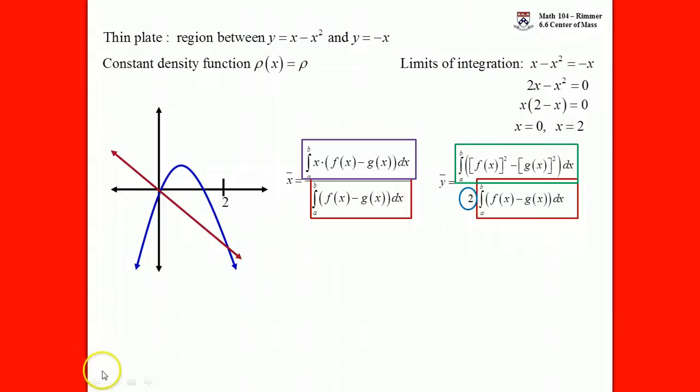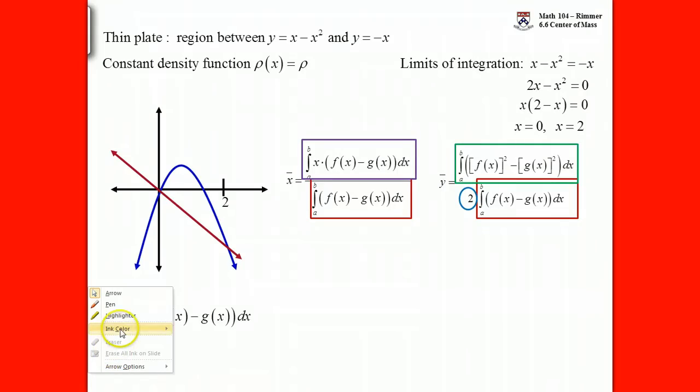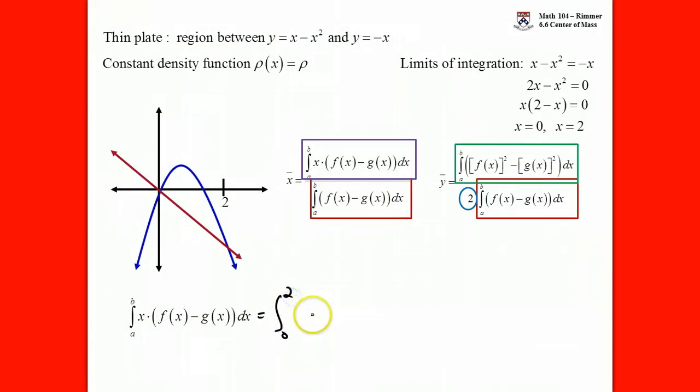So first up, let's go with the purple: x times the quantity f of x minus g of x. f of x is the upper function, g of x is the lower, so getting the picture is critical, so you know who is who. So we're talking about the integral from 0 to 2 of x times the difference between these, where this one is x minus x squared, that's what we'll call f, and this one is negative x, that's what we'll call g.